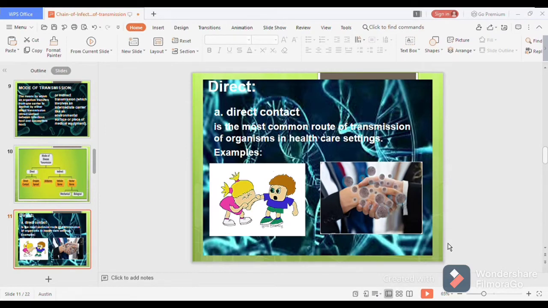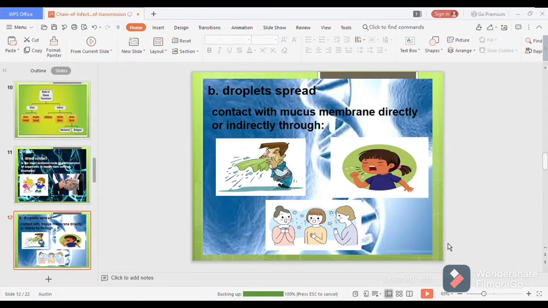So, next is the droplet spread. This explains the contact with mucous membrane directly or indirectly. So, in illustration 1, for example, sneezing, that is a mode of transmission by which bacteria occur. And this illustration 2 is coughing.